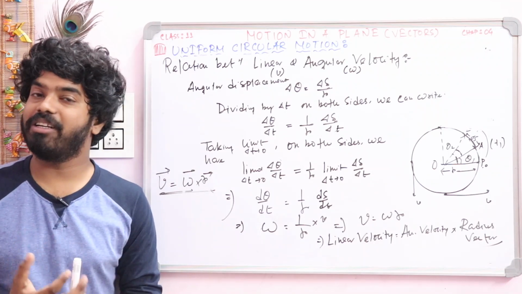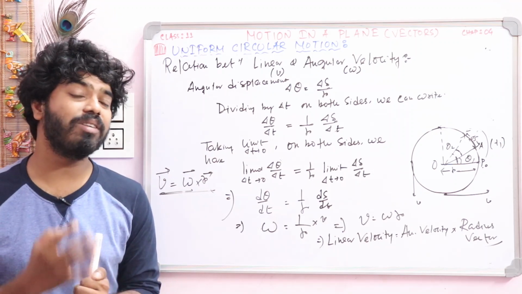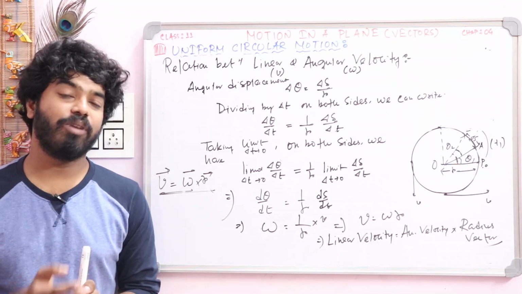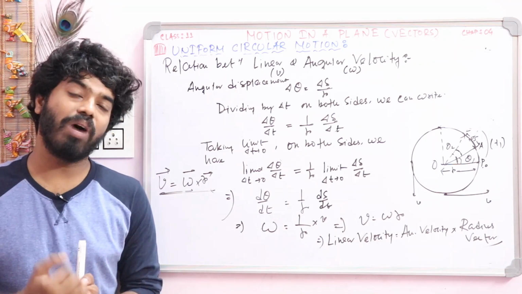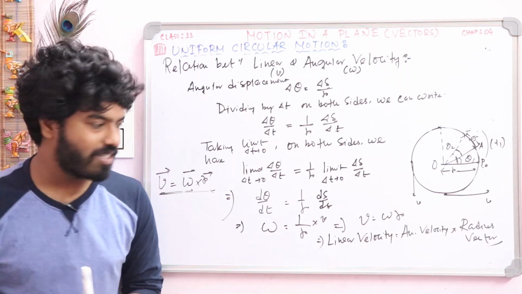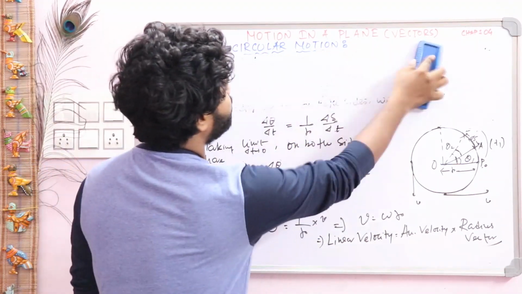Now what is the meaning of frequency? Frequency means the number of revolutions in 1 second. The particle when moving in a circular path, the number of revolutions in 1 second is defined as frequency, and it is denoted by symbol nu. So write it down fast.